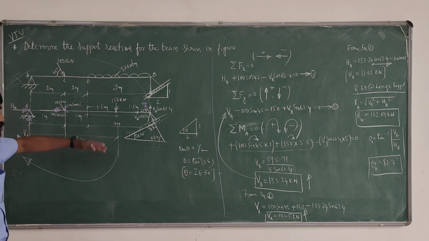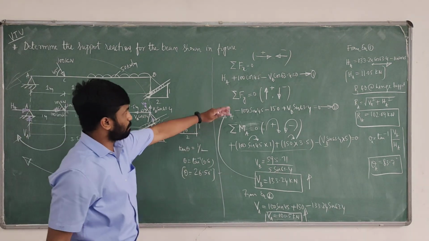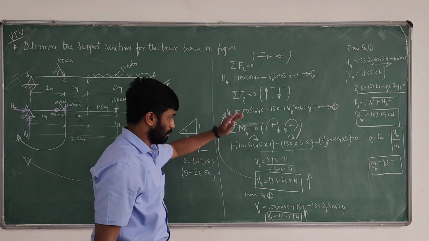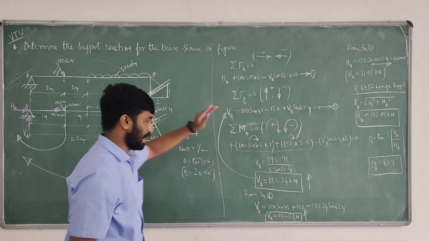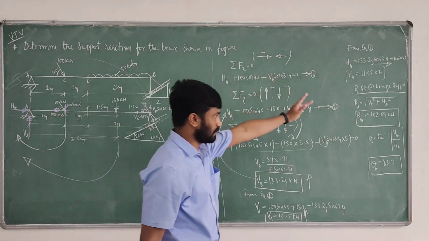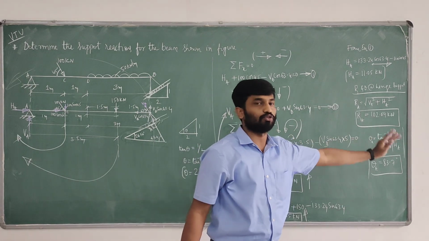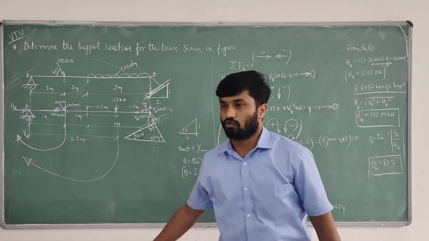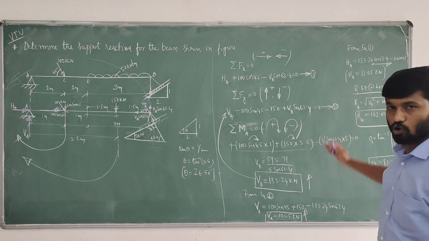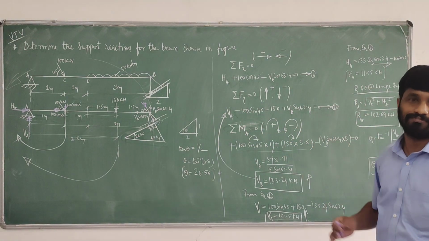We reduced all distributed load into point load. Next we applied equations of statics: sigma Fx equals 0, sigma Fy equals 0 and sigma M equals 0. We determined the unknown reactions VA, HA and VB. Finally we computed the resultant and its inclination at the hinge support using the general equation. It's a very simple problem, very important problem. Please just follow these basic steps. Thank you.